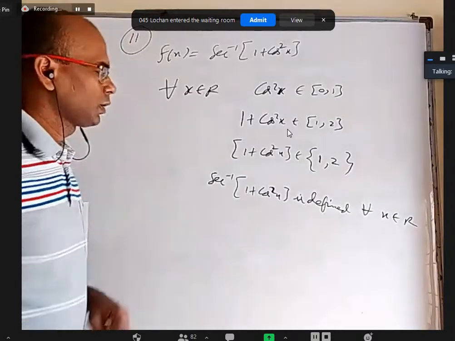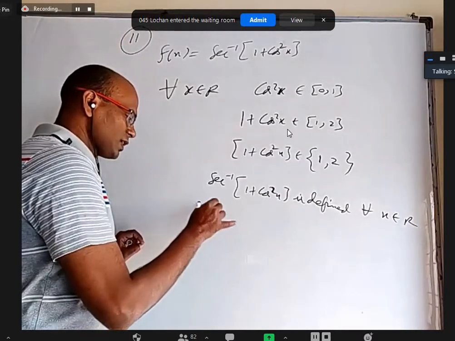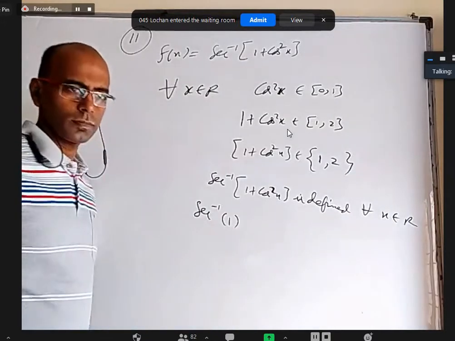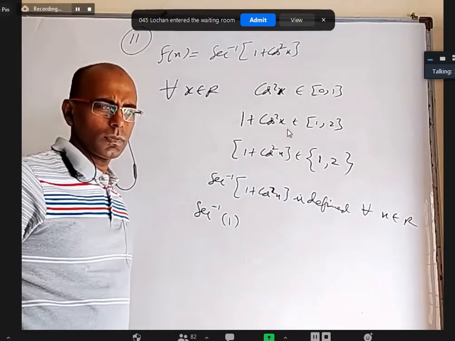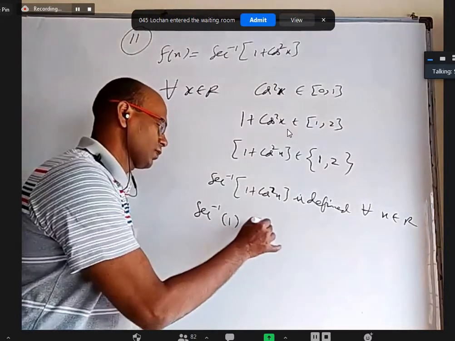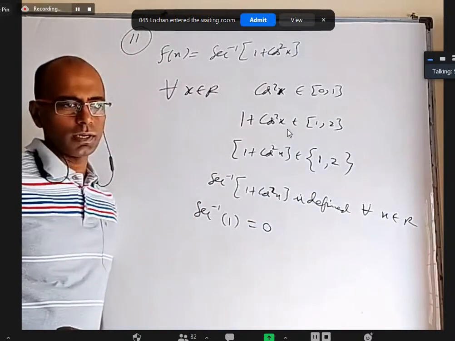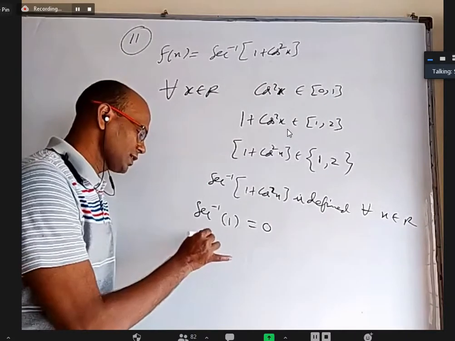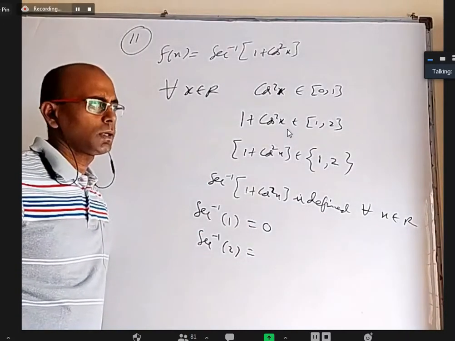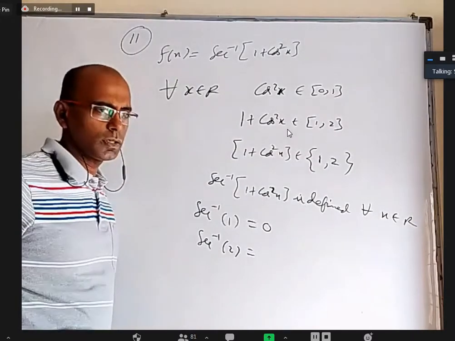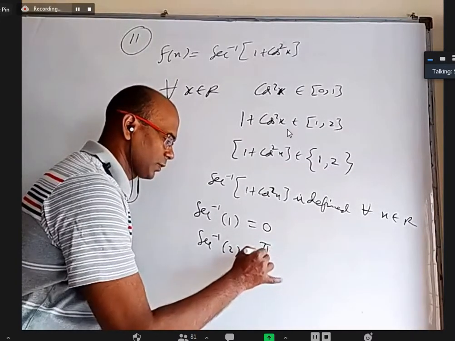Now, anybody want to answer what is secant inverse 1? 0 degree. 0. Secant 0 is 1, so it is 0. I don't want to write degrees because usually we write radians. What is secant inverse 2? Pi by 3. Yeah, cos 60 is 1 by 2, so secant 60 is 2, so it is pi by 3.